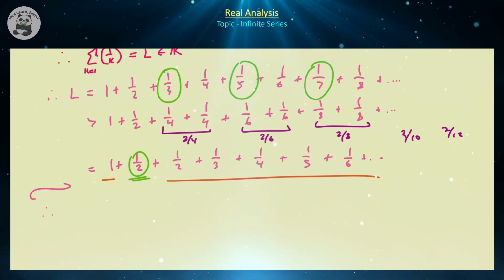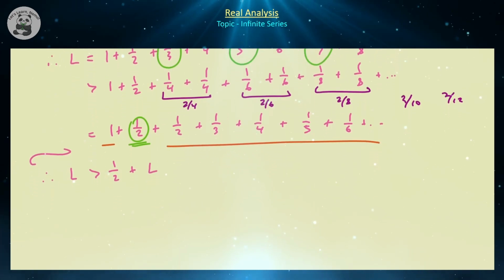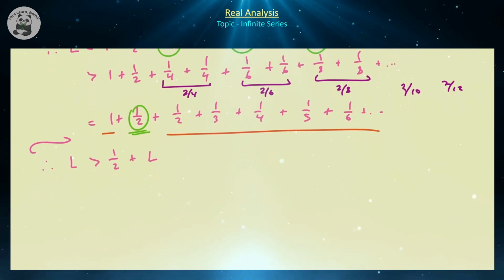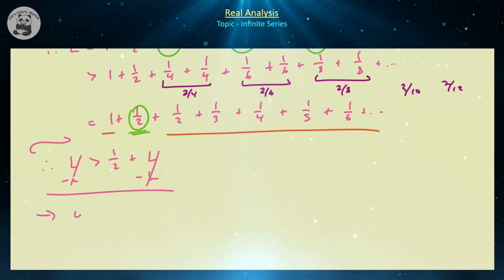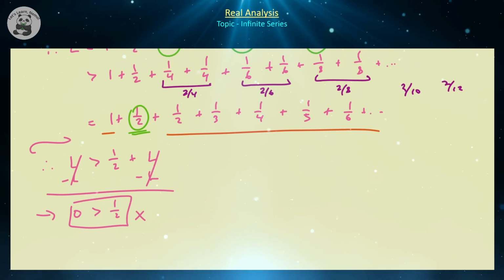So what I have here is that L is greater than 1 half plus L. So what does that exactly mean? We have that L is greater than 1 half plus L. If I subtract L from both sides, because L is just a real number, we have that 0 is greater than 1 half, and that's obviously a contradiction.